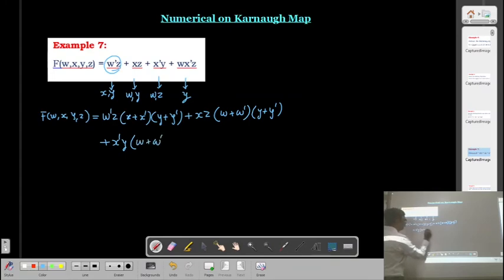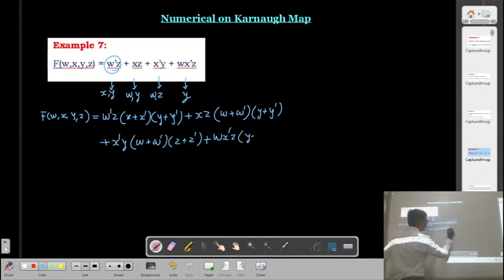So w plus w dash and z plus z dash. And then in the last term, w x dash z is there, y is missing, so we write y plus y dash. So here I am not expanding this, you can do it by yourself.